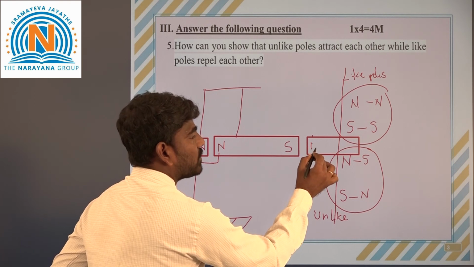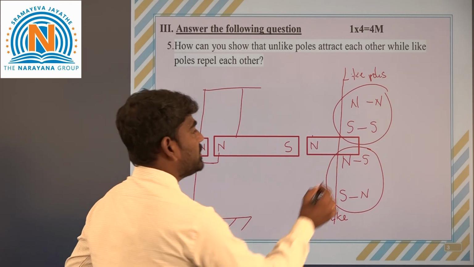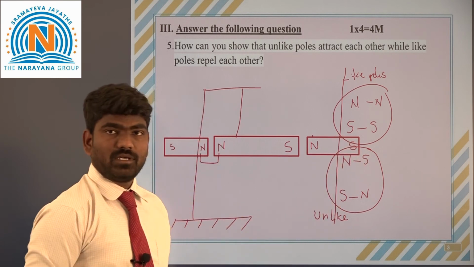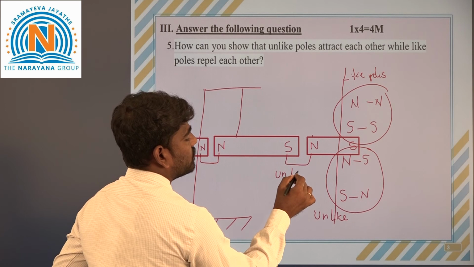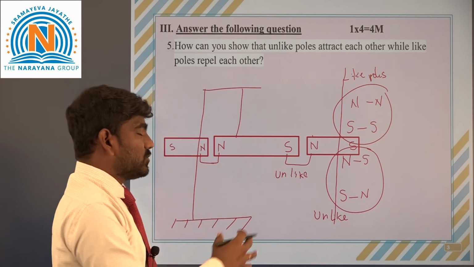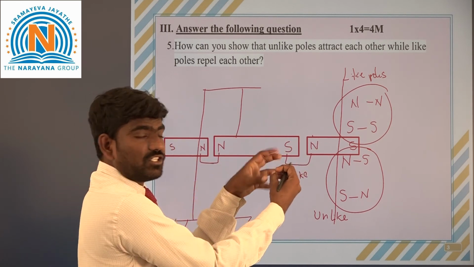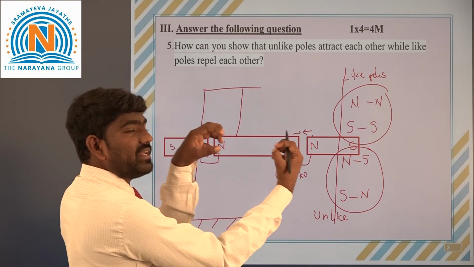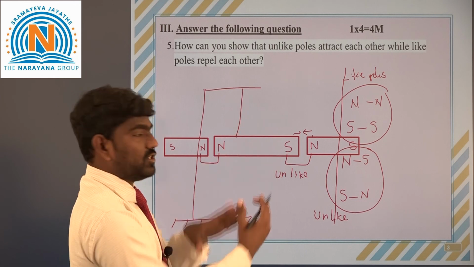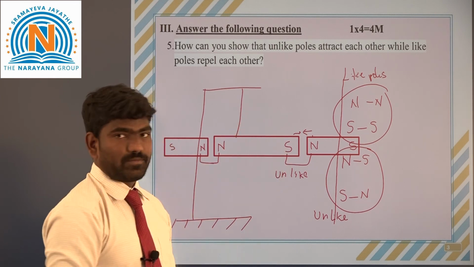Here I am taking the north pole and this will be the south pole. So these two are unlike poles. When unlike poles are facing each other, they attract each other, they move near to each other. So attraction takes place.